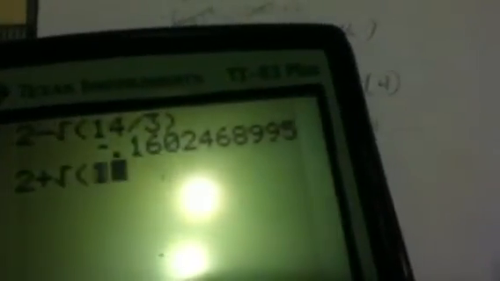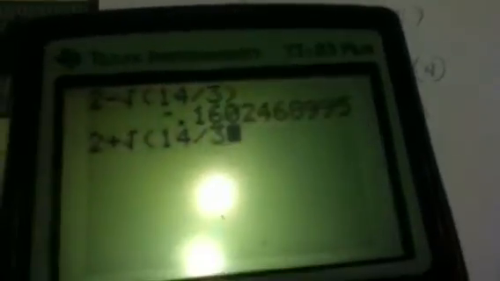And plug in 2 plus the square root of 14 over 3, we get 4.16, 0. And then we plug that in right here on our graph. 4.16 would be right here, and negative 0.16 would be somewhere around here.